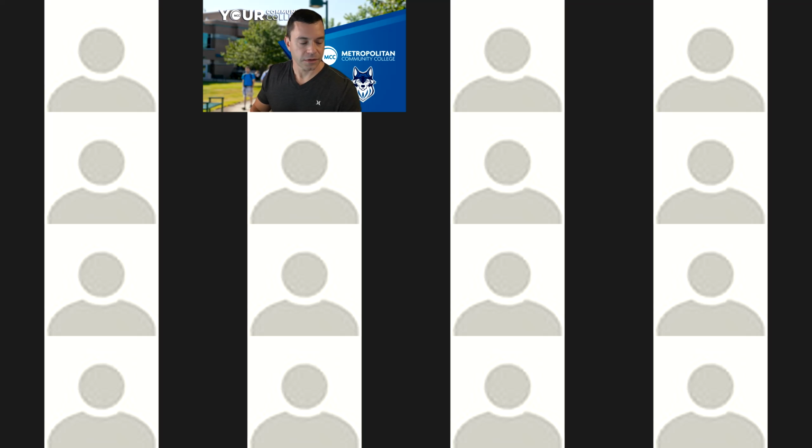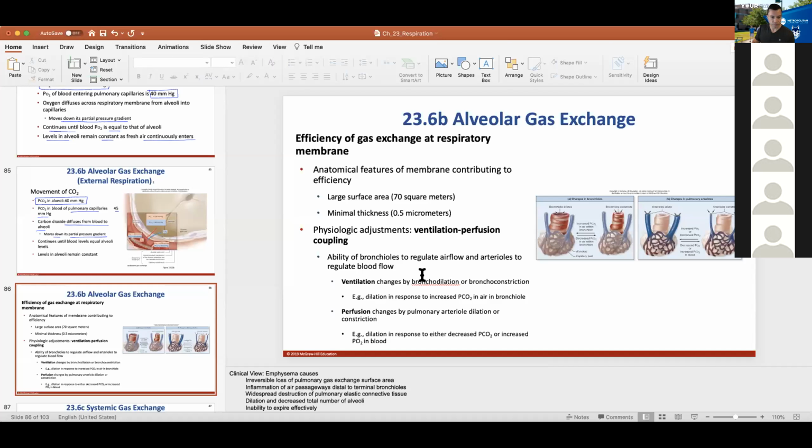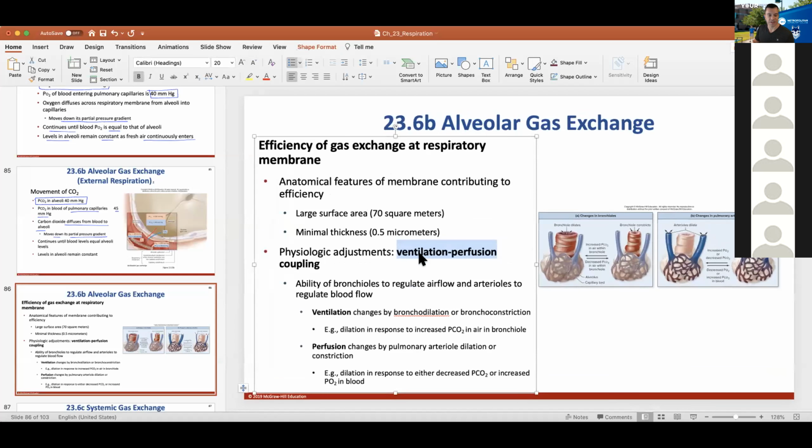Understanding these various pressures that exist within the lung, or ultimately within the systemic cells, is important because, on slide 86, it helps us understand this concept of ventilation perfusion.